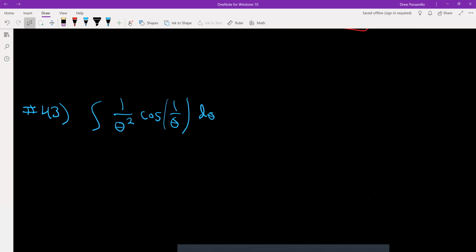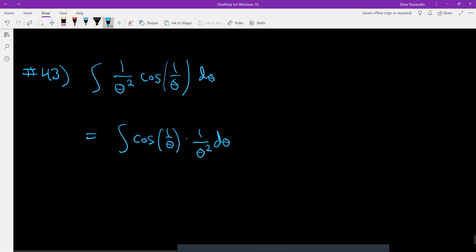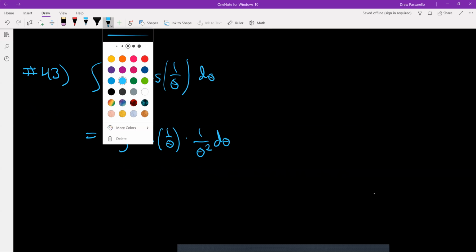But before I do that, I'm going to rewrite the expression so that I have cosine of 1 over theta and then times 1 over theta squared d theta.